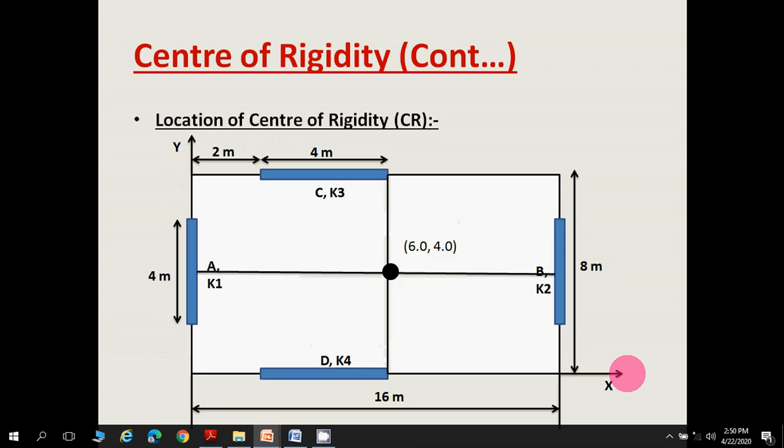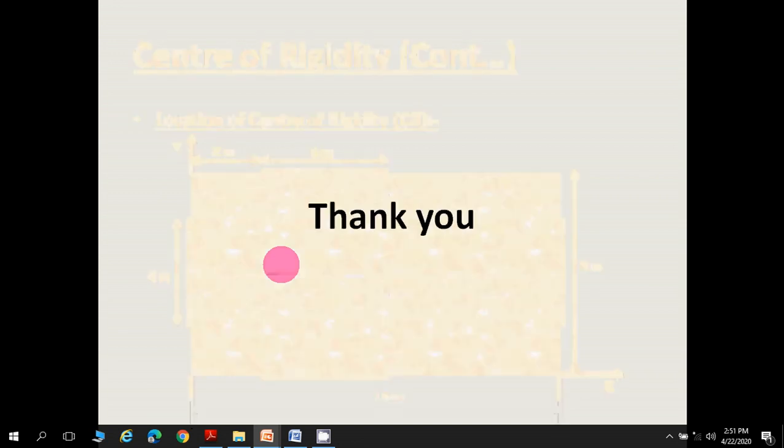So these are the coordinates of that particular point, which is located 6 meter and 4 meter from this particular point. By doing this, we can find out the location of the center of rigidity. Thank you.